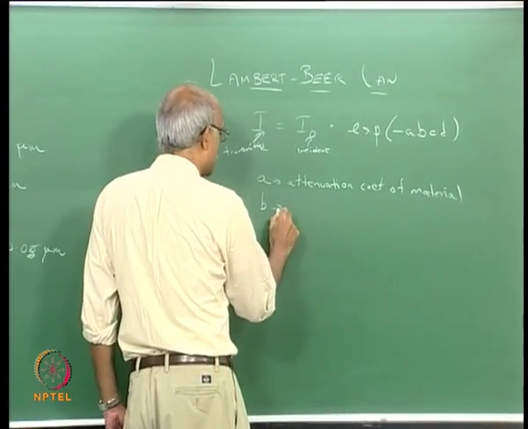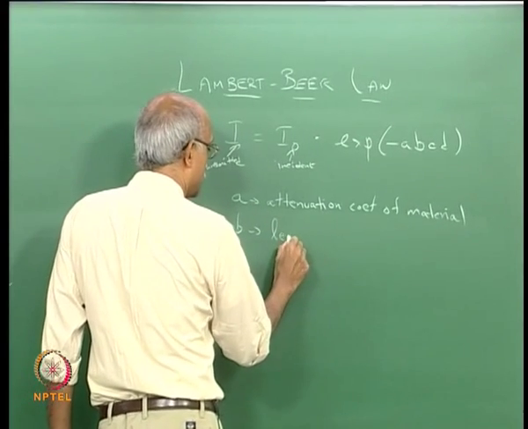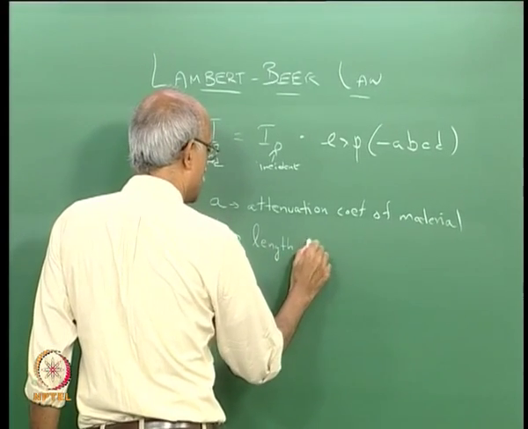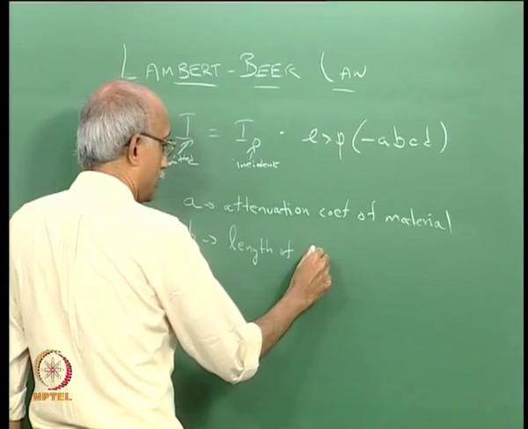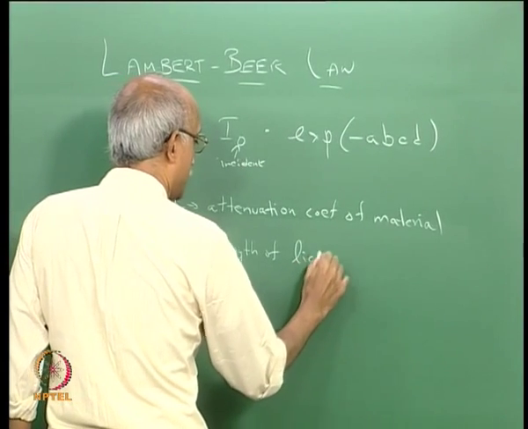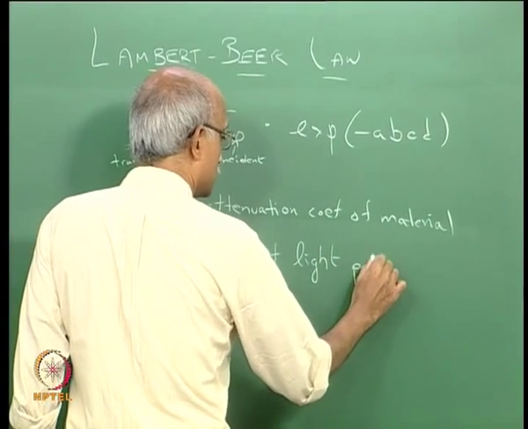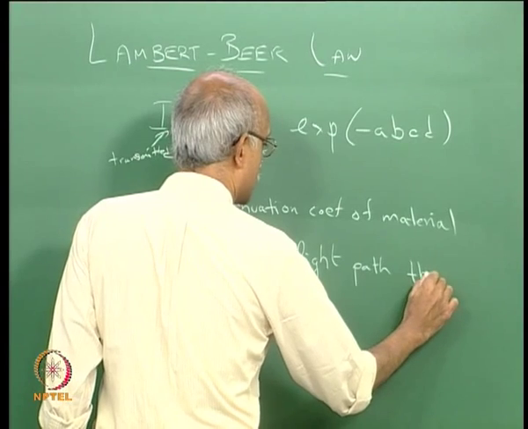B stands for the length of the light transmission path through the suspension.